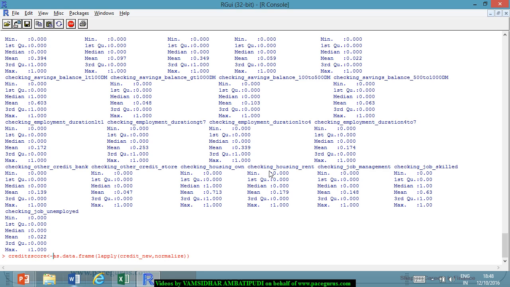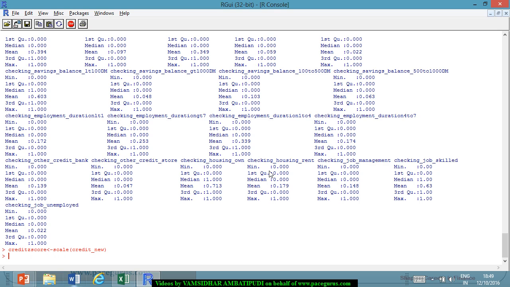But here I don't need lapply and all. I have a direct formula called scale, and I'll pass the whole data frame, credit_new, as an input to this scale function.